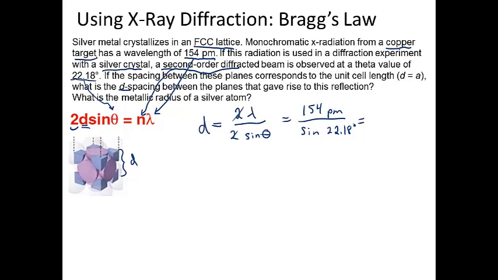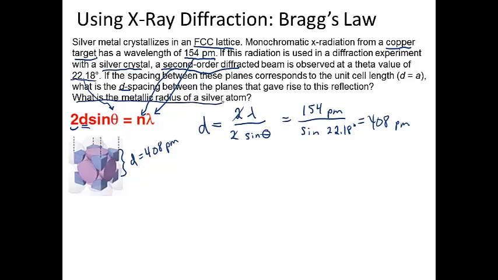So we'll take 154 divided by sine 22.18. That comes out to 408, and the units there are picometers. So that's our edge length, 408 picometers.